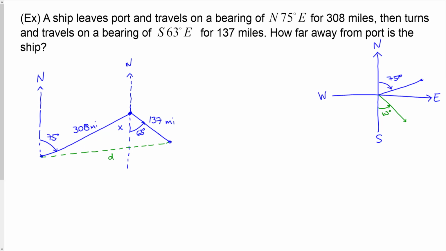This line right here, which I'll dash, is my transversal of the 2 parallel north-south lines. So if this angle measure is 75 degrees, then this angle measure is also 75 degrees because they're opposite angles with respect to a transversal cutting parallel lines. So that means that total angle measure is 75 plus 63, or 138 degrees.